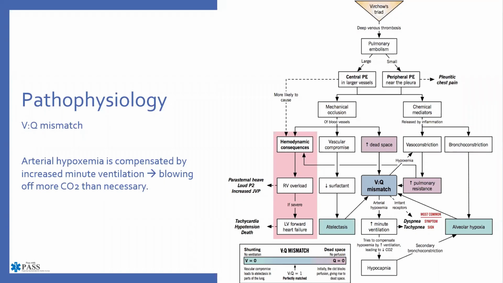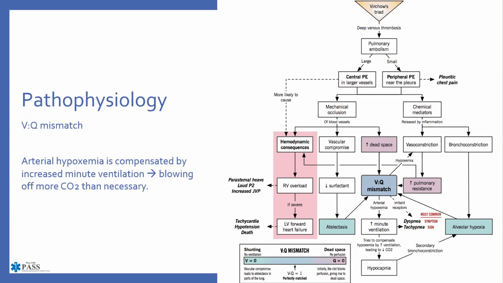So they end up with arterial hypoxemia, a low amount of oxygen in their arterial blood, which is compensated by increased minute ventilation, so how quickly they are breathing in a minute. And they end up blowing off more carbon dioxide than they need to because of that increased minute ventilation.